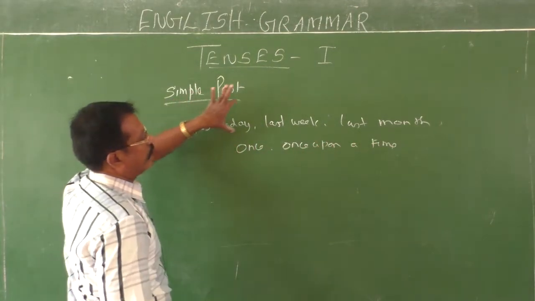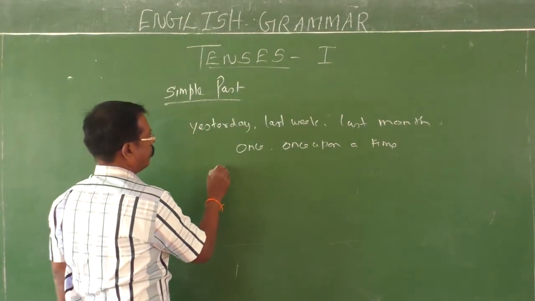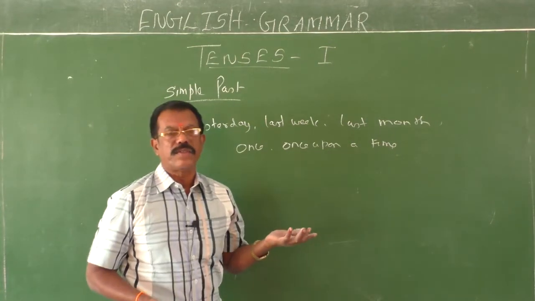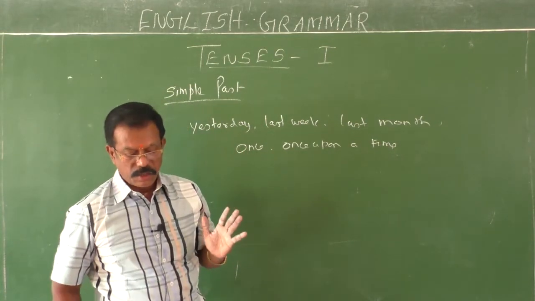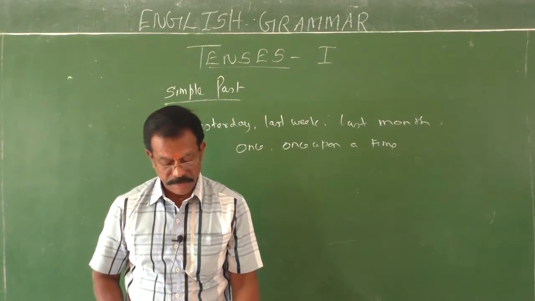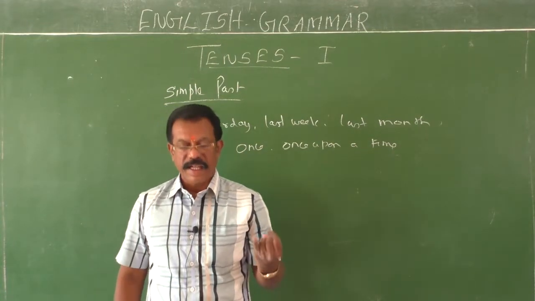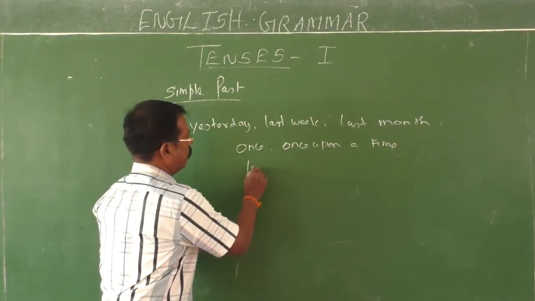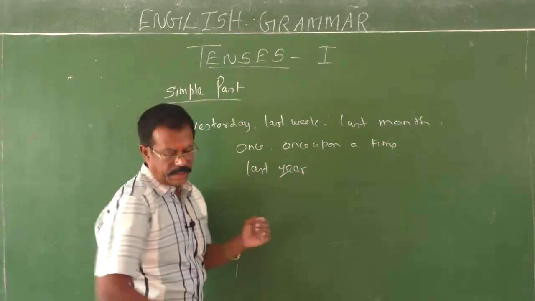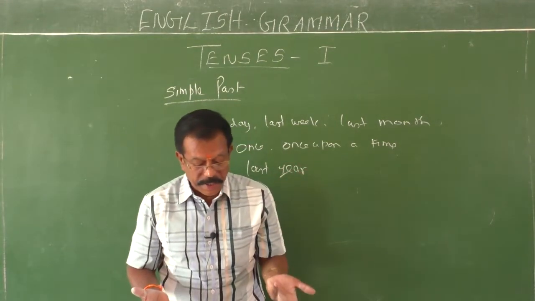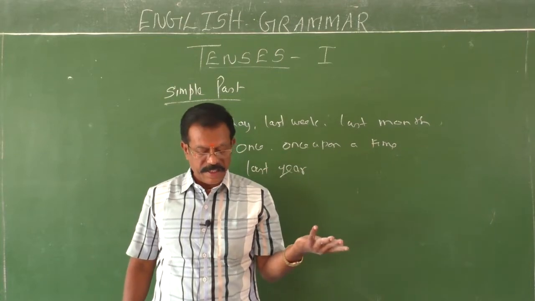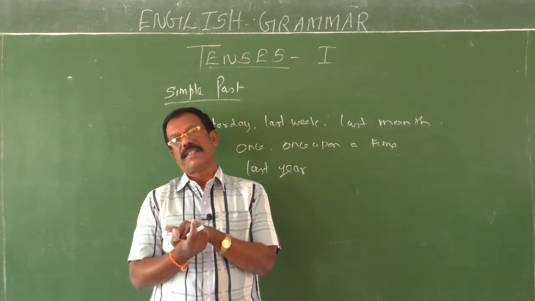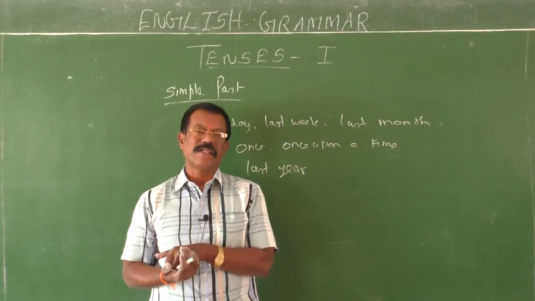And then, we can use these time markers to refer to the past tense. Key words: yesterday, last week, last month, last year, once upon a time, previous day, previous week, lately, long ago. All these time markers are associated with the past tense.